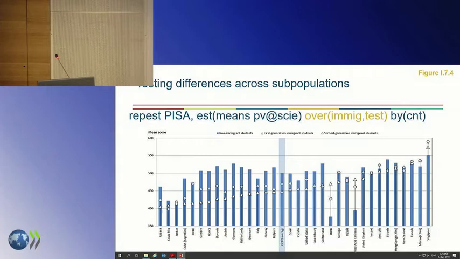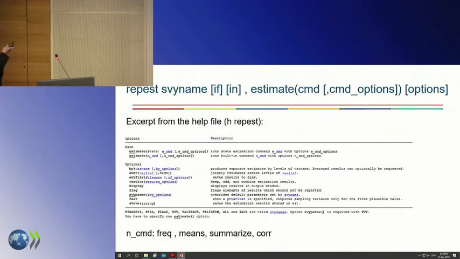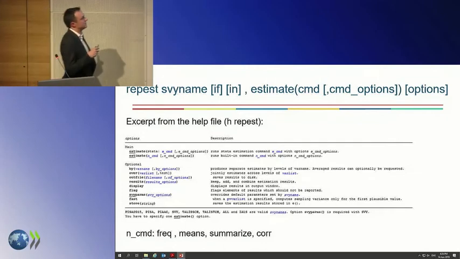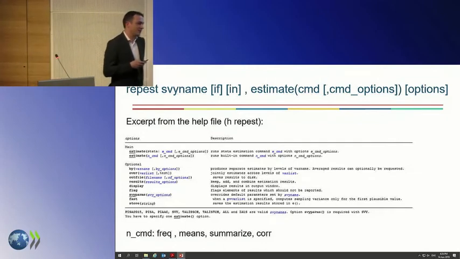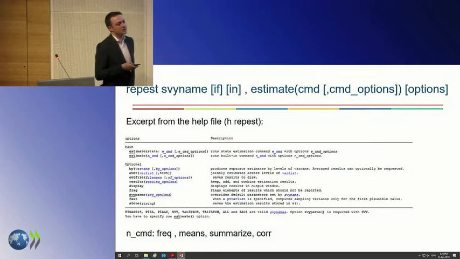We add this specification, and then we're going to have a population estimate for migrants and non-migrants, and even test the difference very easily. That's the next step from the slides. The cool thing is I'm not the one who wrote the help file, so it's very well documented, very well written, and that's more or less the only thing you need in order to understand how repest works. So it's perfectly comprehensive.